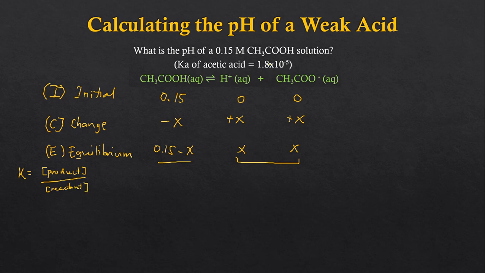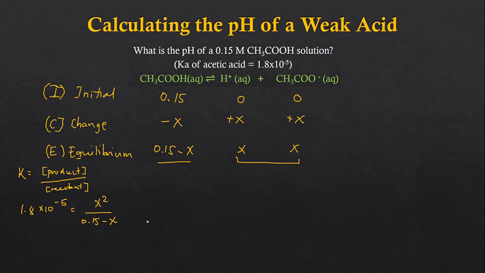Pero since alam na natin na 1.8 yung Ka natin, so this is 1.8 times 10 to the negative 5 is equal to, okay, so ang product natin, dalawang x, so x times x, so this is x squared, over, yung reactant natin, this is 0.15 minus x.